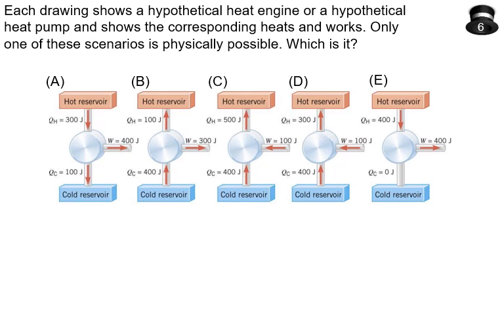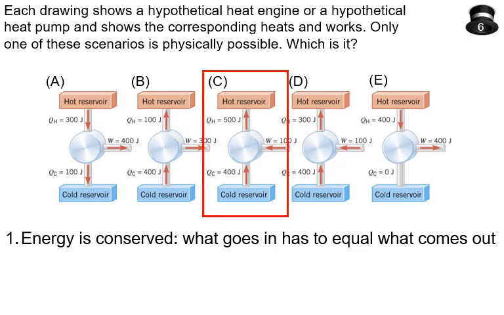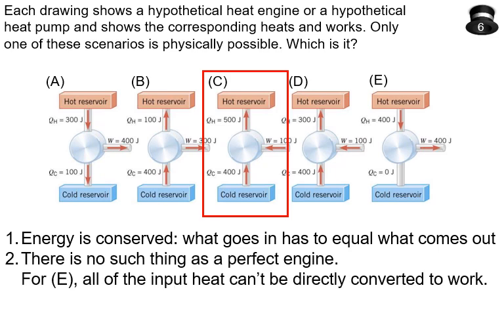I'm going to assume that you have paused and that you have come back. And you find out that C is the only physical one here. So remember, energy is conserved. What goes in has to be equal to what comes out. There's no such thing as a perfect engine. Let's just run through the different cases here.